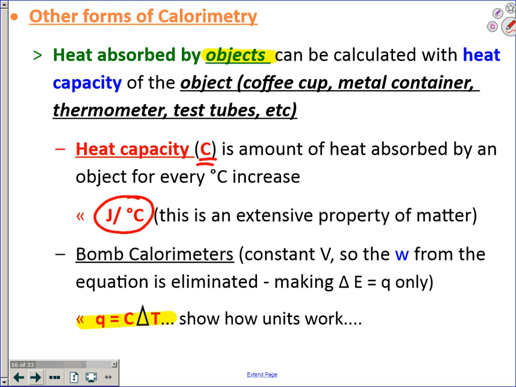Heat capacity is an extensive property, which means it depends on the mass of the object. If you have a small styrofoam cup, it's going to absorb a tiny bit of heat. If you have a huge styrofoam cup, it's going to absorb more heat. The mass matters. That's what an extensive property means.